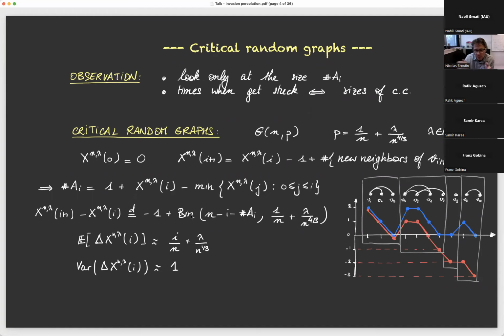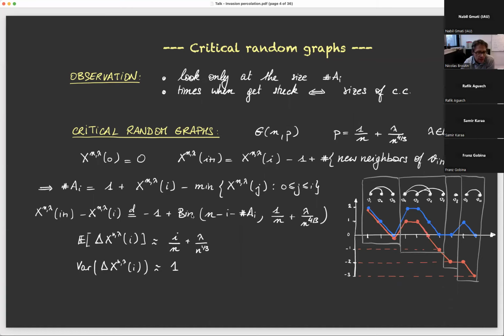There are n minus k that are potential neighbors, and there are some in the pile. So the number of new neighbors is just n minus i minus the size of the pile. These are the ones that can be neighbors, and for any single one of them, it is an actual neighbor with probability p. So we have exactly found the distribution for the increment. And this binomial is independent of the process up to time i.